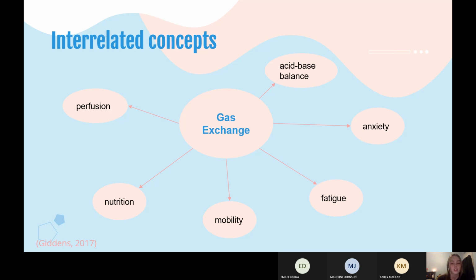And the next one, so to relate this to all these other concepts, there's definitely more than this, but we decided to focus on these ones specifically. So when we're talking about perfusion, like Emily said, COPD can lead to cyanosis, because if a person has COPD, obviously their blood is not being oxygenated enough because they're having trouble breathing.